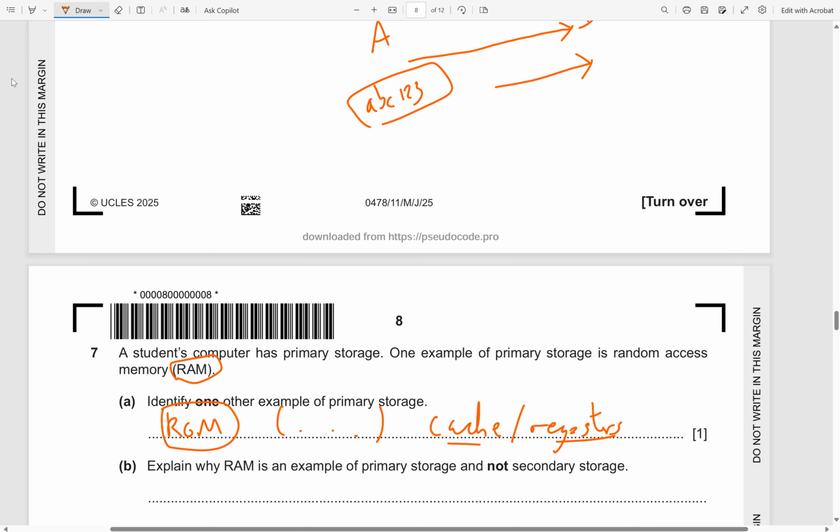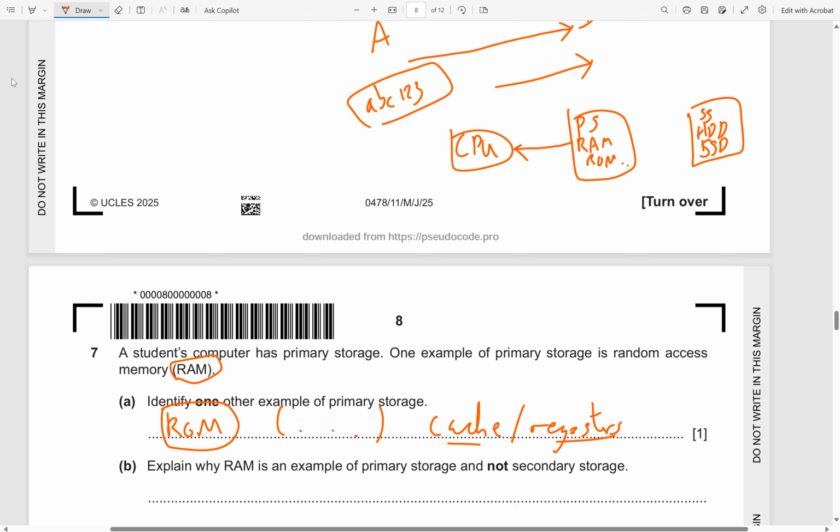So let's draw a diagram here. This is the CPU. Let's say PS is primary storage, for example RAM, ROM, registers, cache, etc. And secondary storage can be the hard drive, SSD, USB, etc. If we have something in RAM, it can be directly loaded into the CPU.